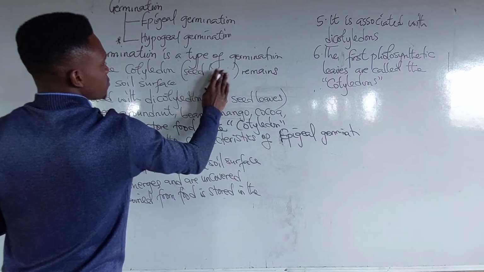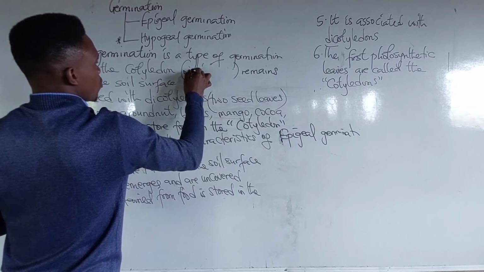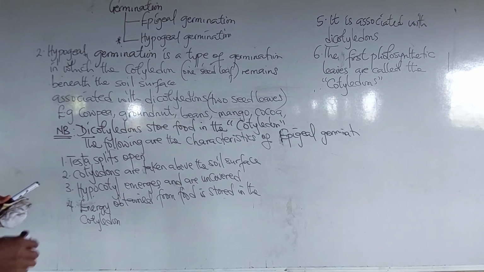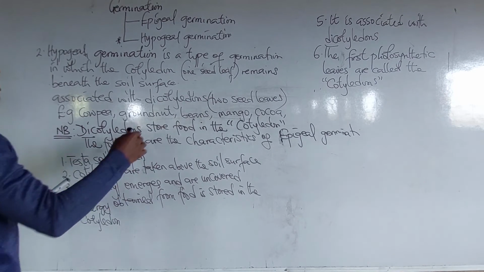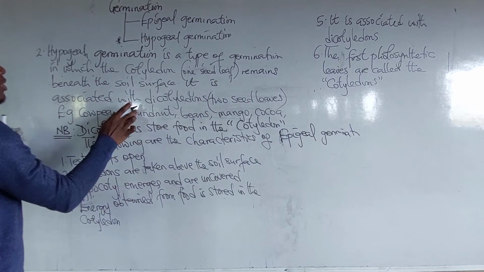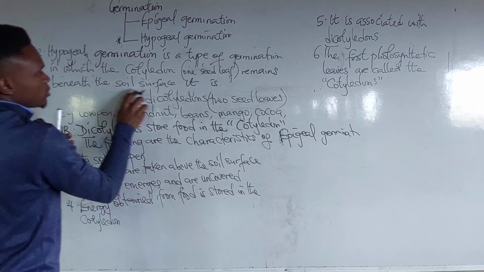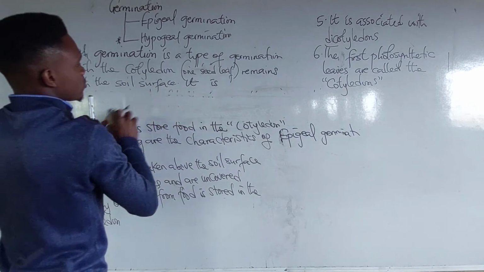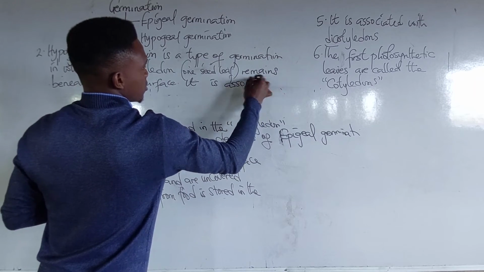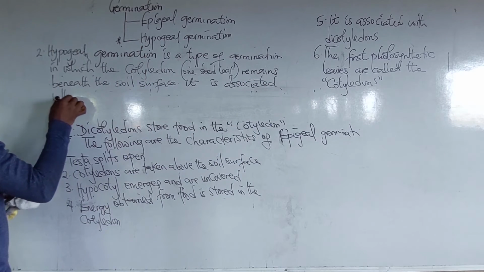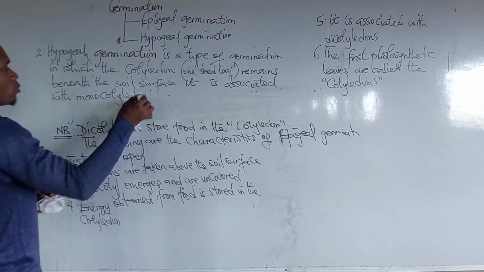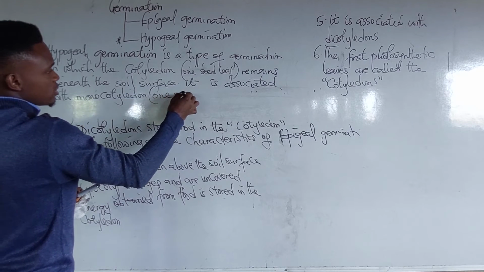Alright, seed leaf remains beneath the soil surface, and it is associated with monocotyledon, one seed leaf.